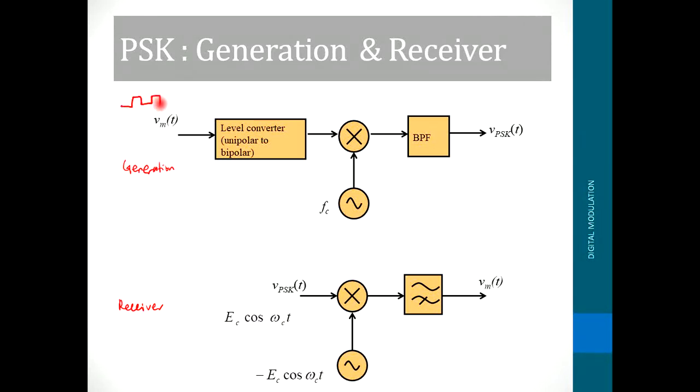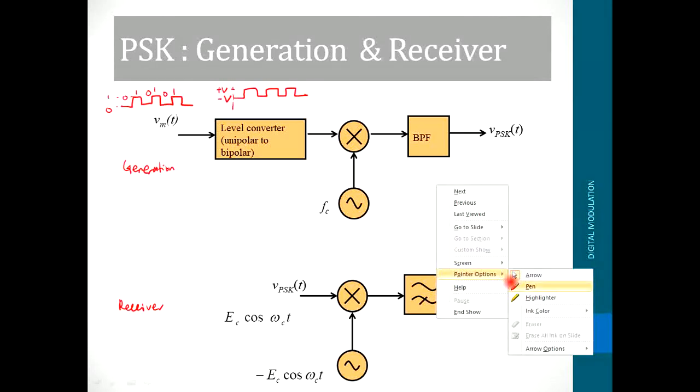For example, the information signal is 0, 1, 0, 1, 0, 1, 1, 0, and then it goes through the level converter from unipolar to bipolar. So from here it changes to the same signal, but the amplitude is positive V and negative V.